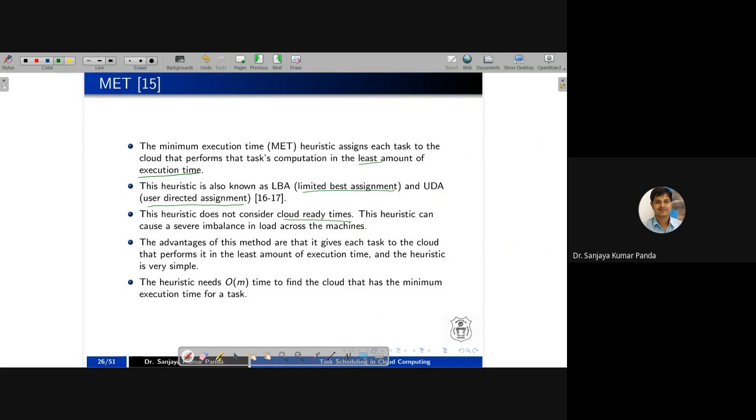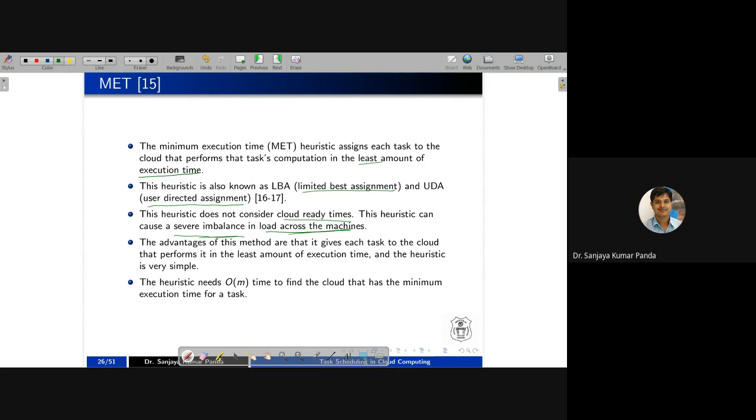I'll tell you with two examples so that it is more clear. This heuristic can cause a severe imbalance problem in load across the machines. I'll tell you when I show you the real data set of task scheduling why it is causing the severe imbalance problem among all the machines.